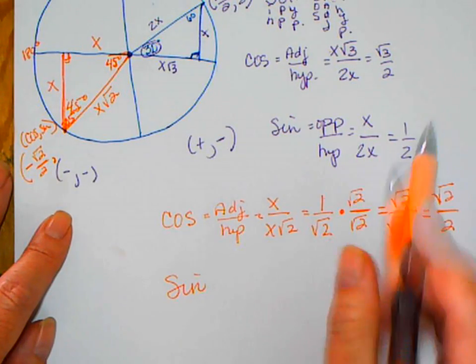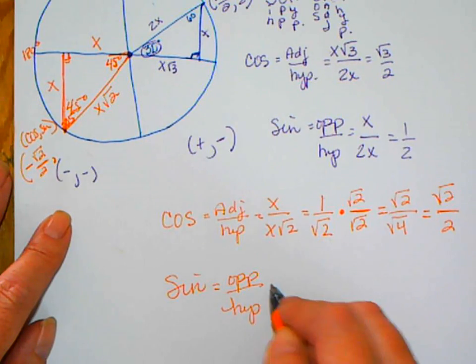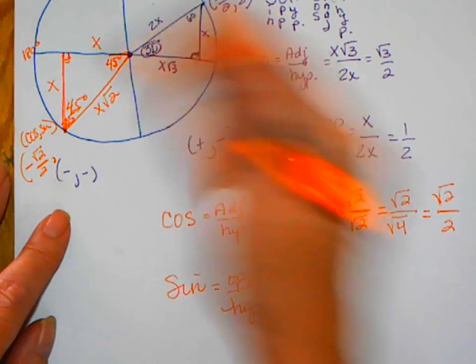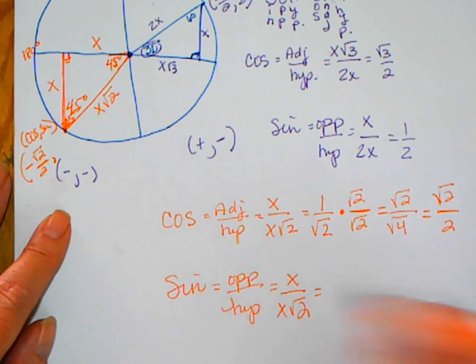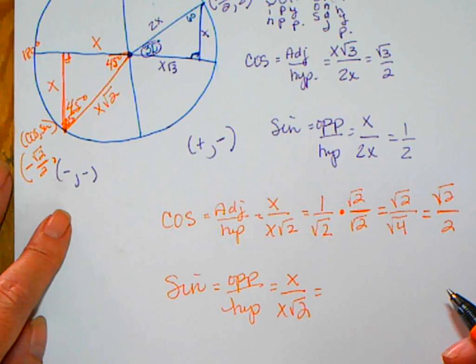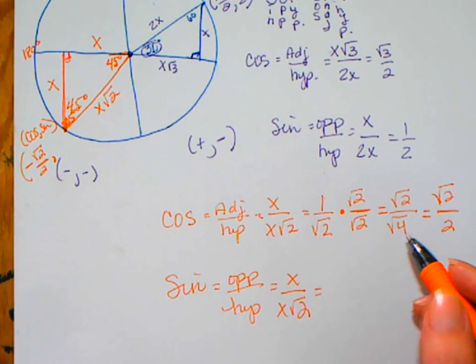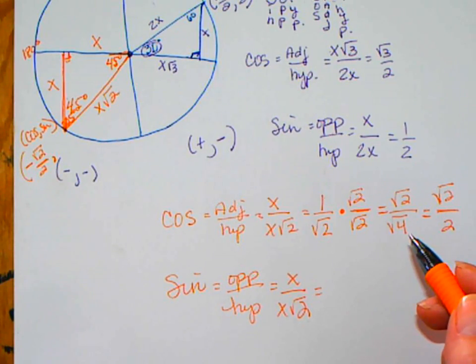Sine is opposite over hypotenuse. So the leg opposite of my 45-degree angle is x. My hypotenuse is x square root 2. Notice on this one, it's the same exact setup as the cosine was. On a 45-degree angle, because the opposite side and the adjacent side are both x, it's just going to work out that way.